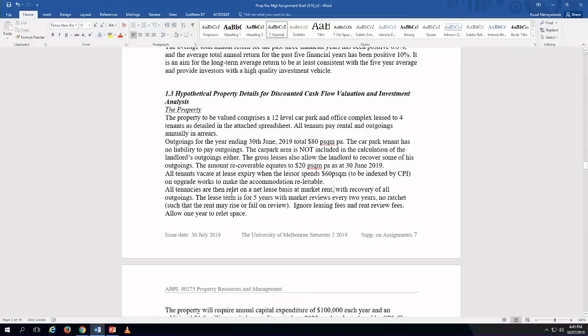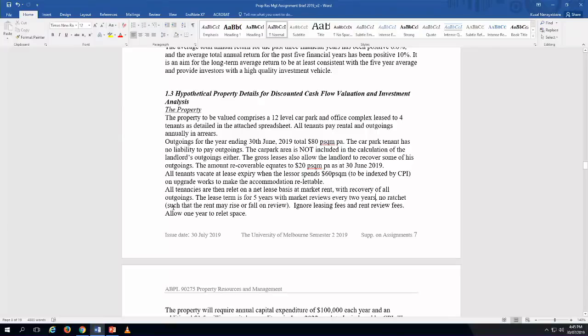All tenancies are then relet on the net lease basis at market rent, with a recovery of all outgoings. The lease term is for 5 years with market review every 2 years. So you have to make different schedules for these.